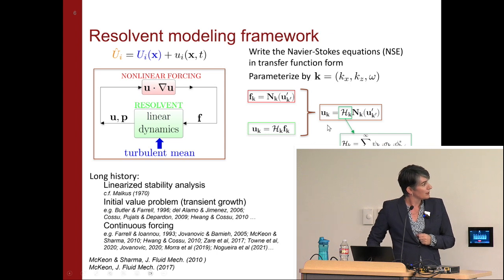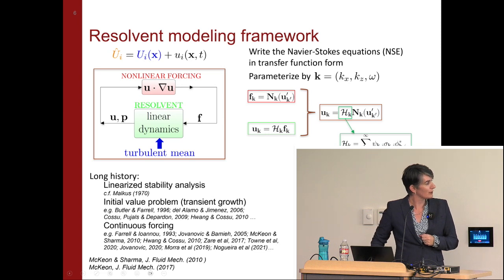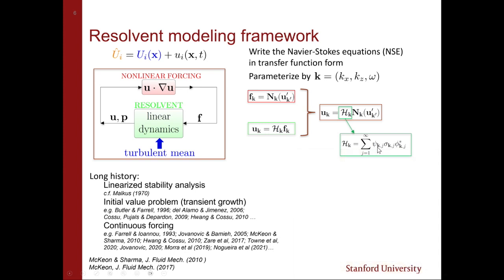The modeling comes in saying that we have learned quite a bit about this resolvent operator. I can do a singular value decomposition of that to give me the left and right singular functions. I can think about these as the response to a given forcing, weighted by the gain for that particular forcing.